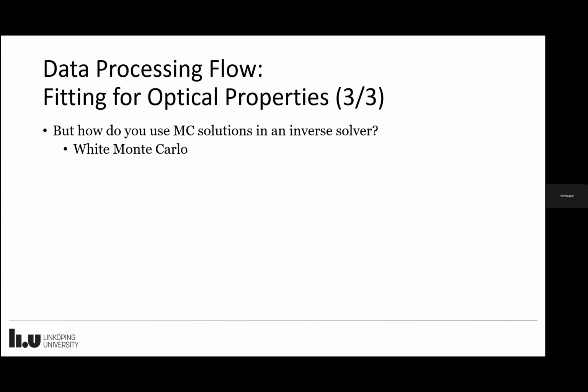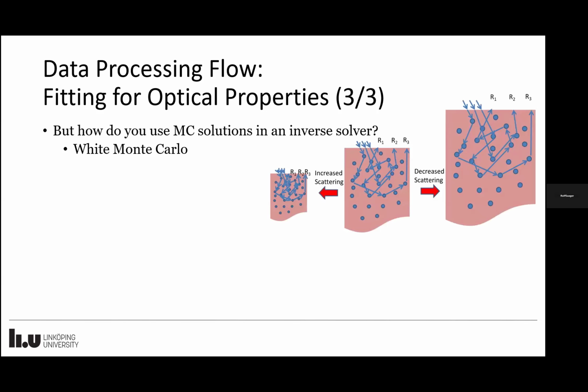But with this scaled Monte Carlo or a white Monte Carlo, the strategy here is the separability of the absorption and scattering, where you can generate a kind of base Monte Carlo solution that is essentially scattering. And once you have that base pre-computed solution for any scattering guess, all you can do is just change the spatial scale. It's a semi-infinite solution.